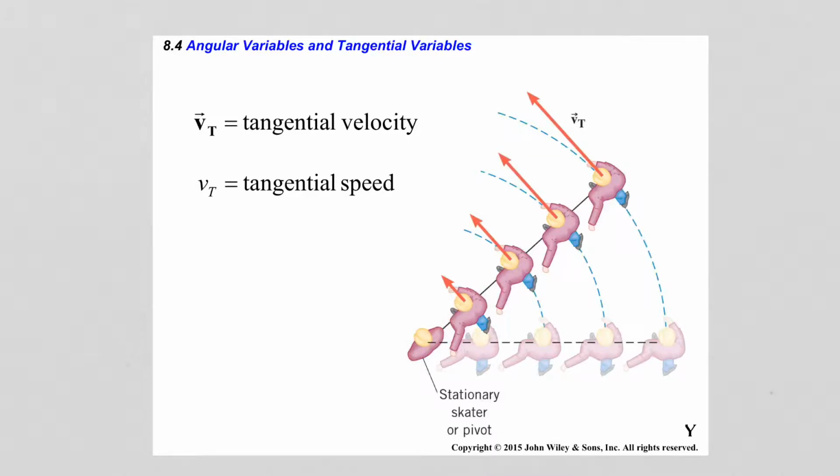So all of them rotate around the circle with a center at this skater, and at the same time the line must remain straight. So each skater will be moving with different velocity with respect to the axis of rotation, because that is the only possible way for the line of skaters to remain straight.